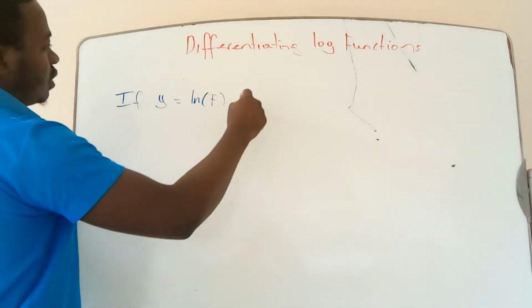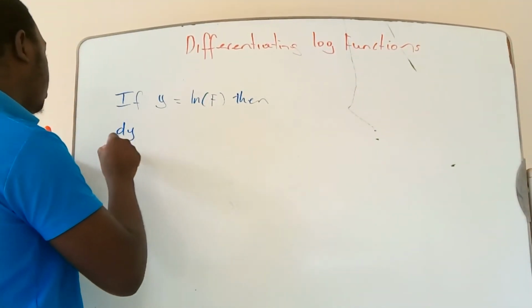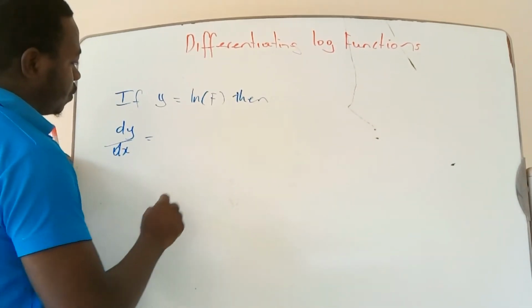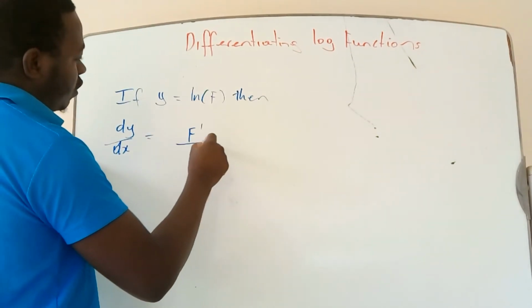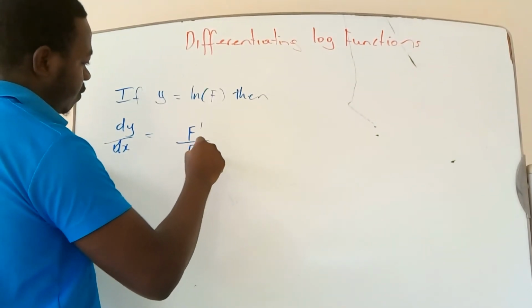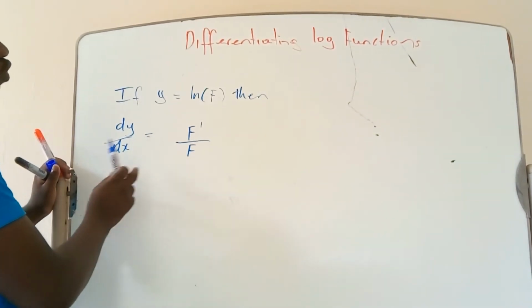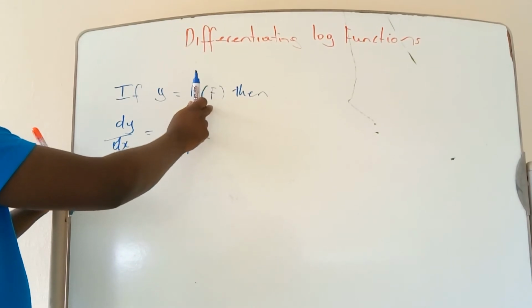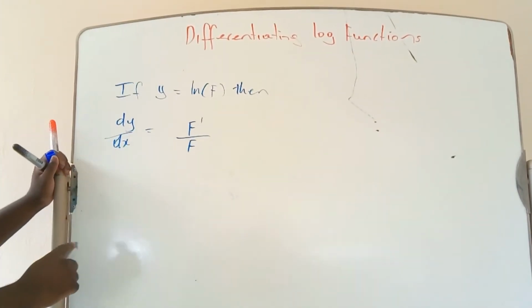Then we can say dy by dx is equal to f prime over f. So that's a rule: you differentiate what is inside of the bracket and then put it over what is inside of the bracket. So let's look at some examples.